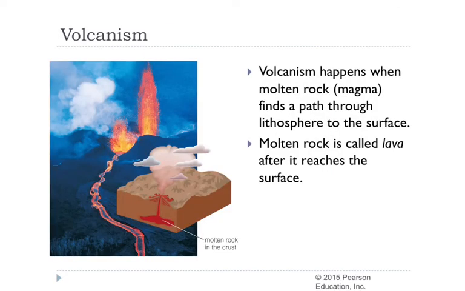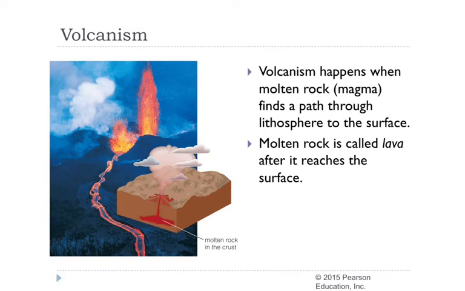Another way that the surface changes is with volcanoes. Molten rock, magma, finds its way up to the surface and flows out. As the lava flows, it resurfaces, paving the surface again. In places like Hawaii, it actually creates those islands.